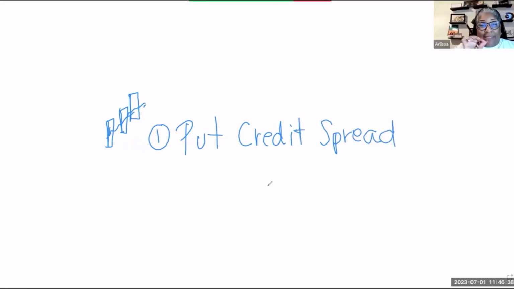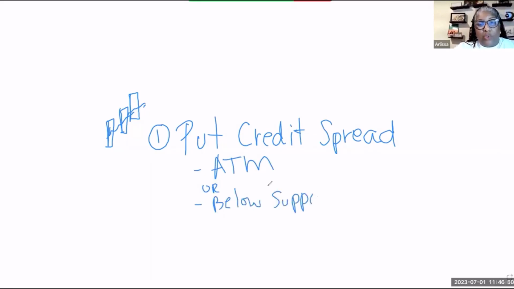Let's talk real quick about where you would do your put credit spread. You can do it at the money or you can do it at or below support. The difference between these two is this. If you do it closer to at the money, you're going to have a little bit easier time, maybe even a lot easier time, getting the other side filled.